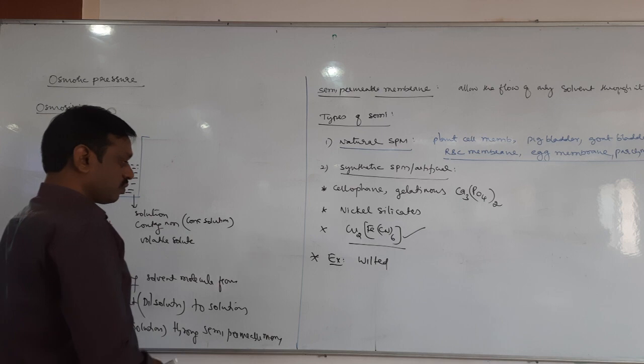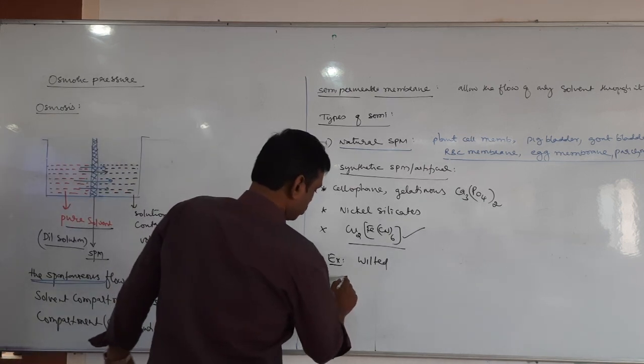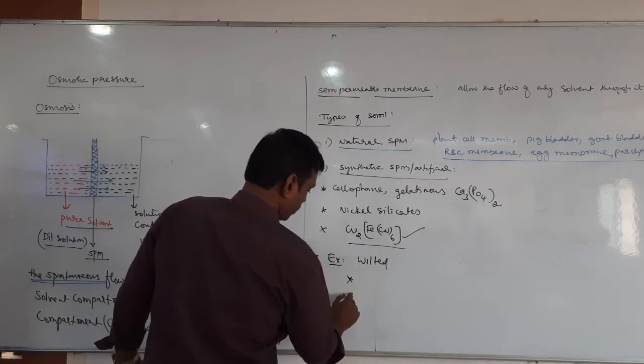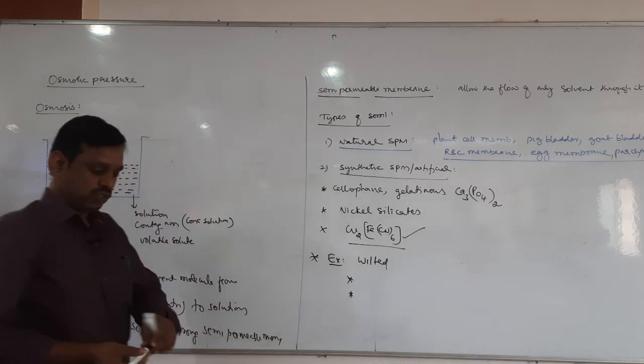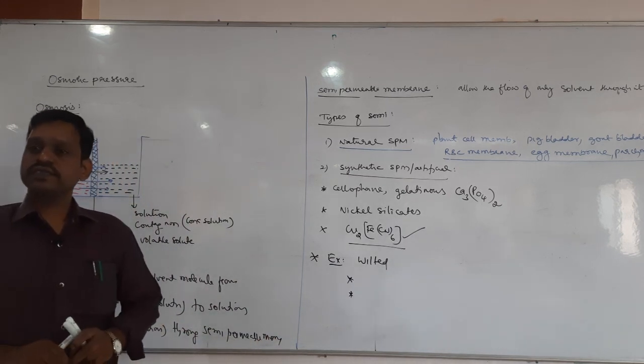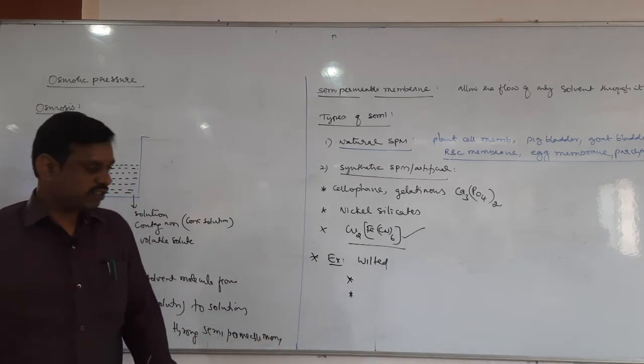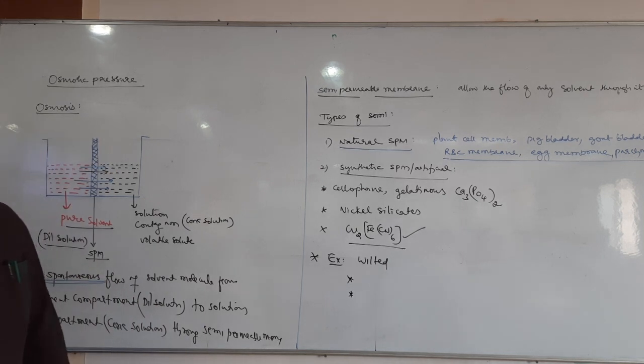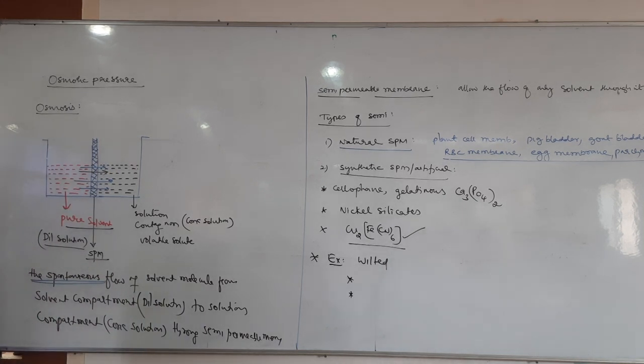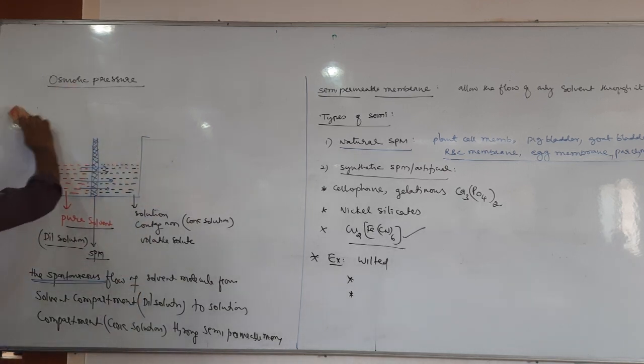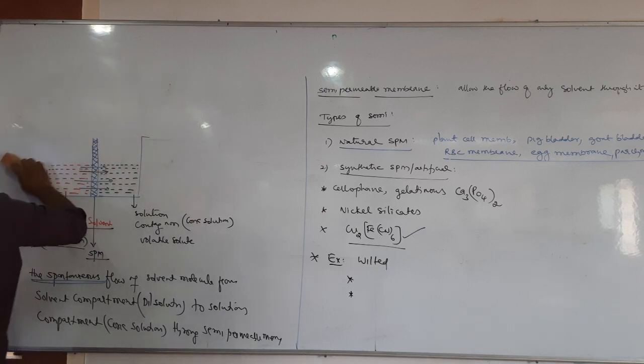Second one, pulses soaked in water. Next, flow of water through the roots is also an example for osmosis.